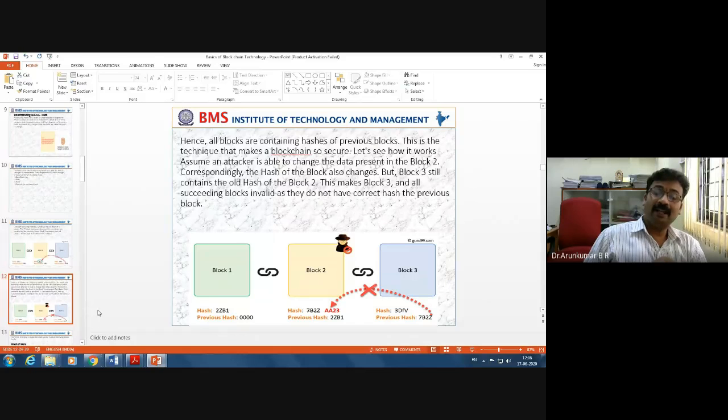Can a cyber attacker change any block content as he wants? No, because if he changes the content, the hash value changes, right? Just now you have seen that.